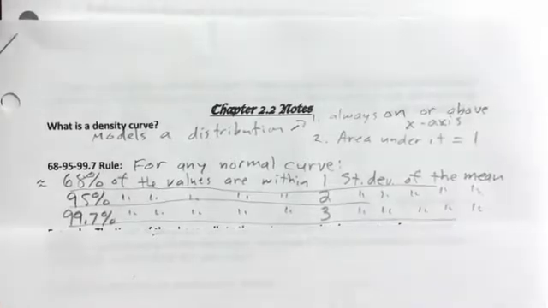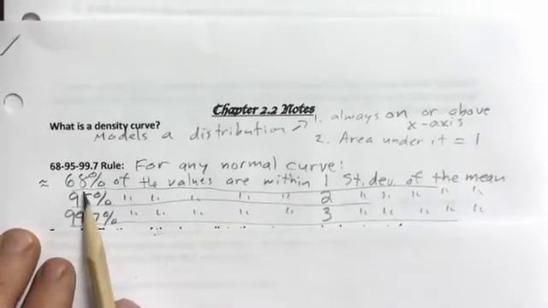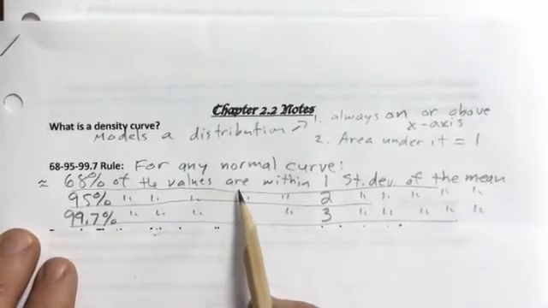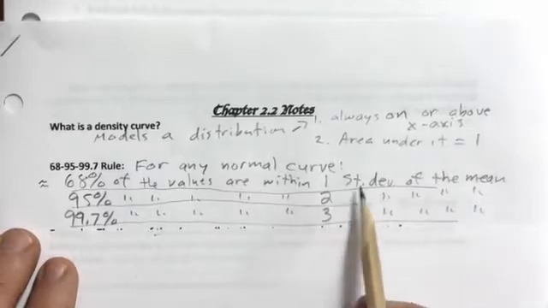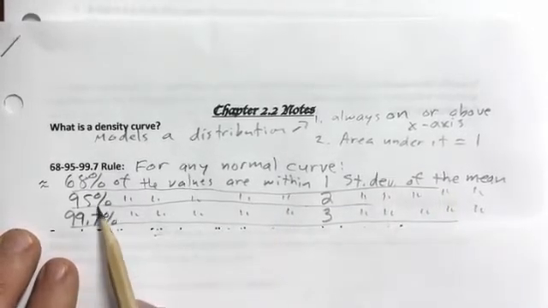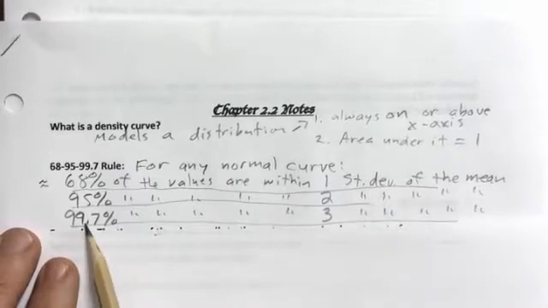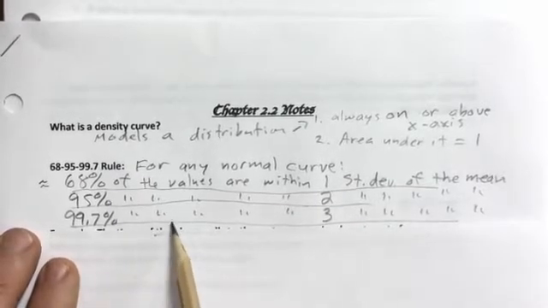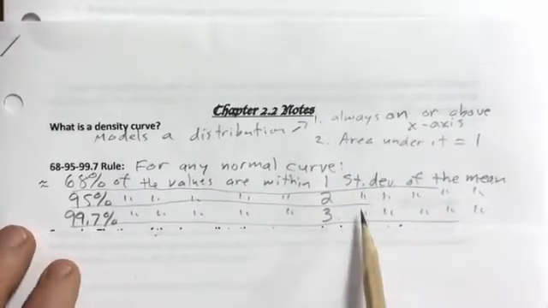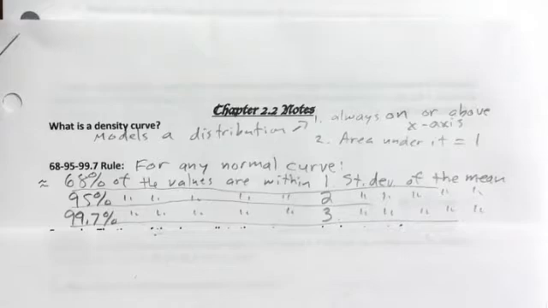For any normal model, approximately 68% of the values of the curve are within 1 standard deviation of the mean, 95% are within 2 standard deviations of the mean, and 99.7%, or most all of the values, are within 3 standard deviations of the mean. That is what is known as the 68, 95, 99.7 rule.